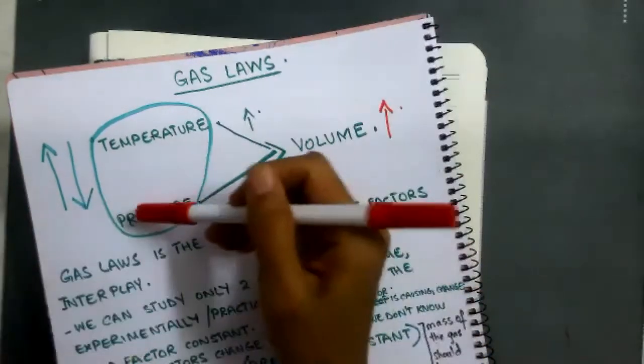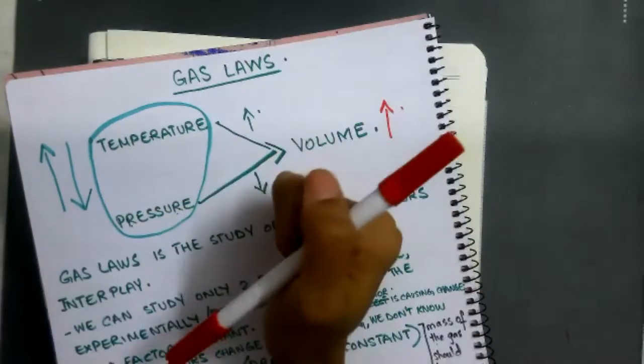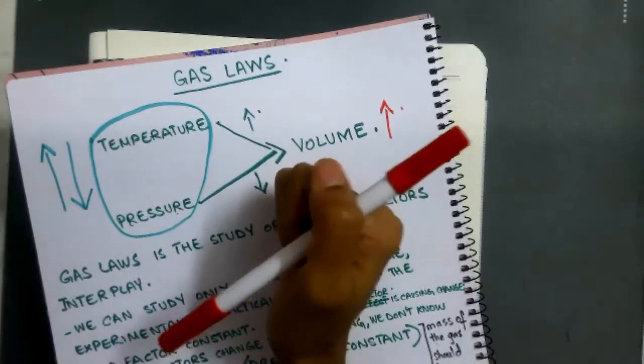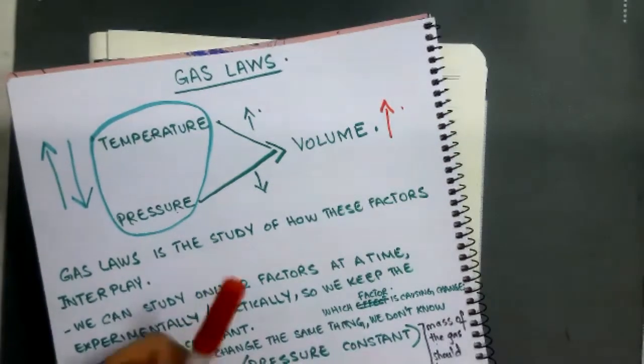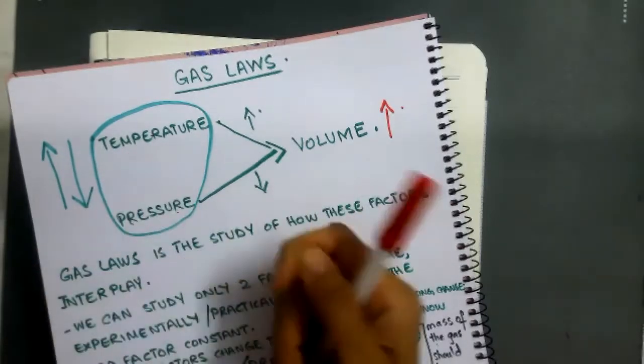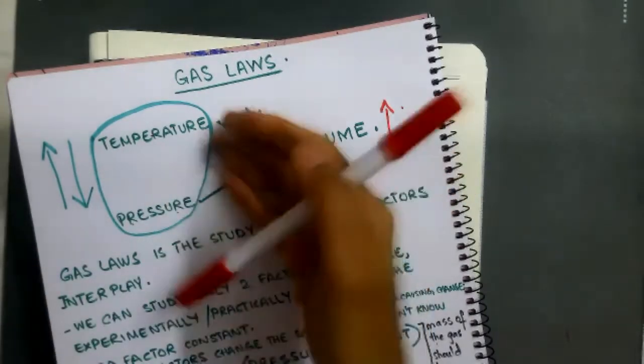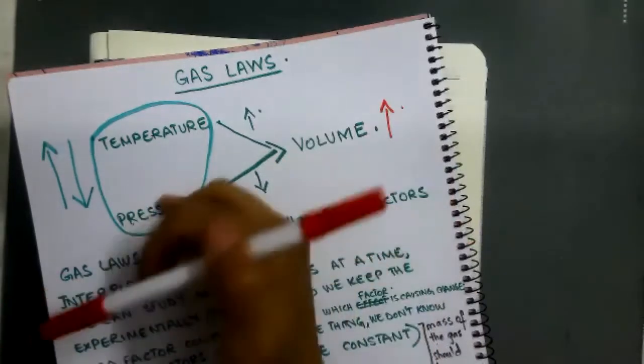Why do you have control experiments? You keep all the other factors constant, except for the one that you are observing, right? So you can say that this is the factor that has to be kept constant.